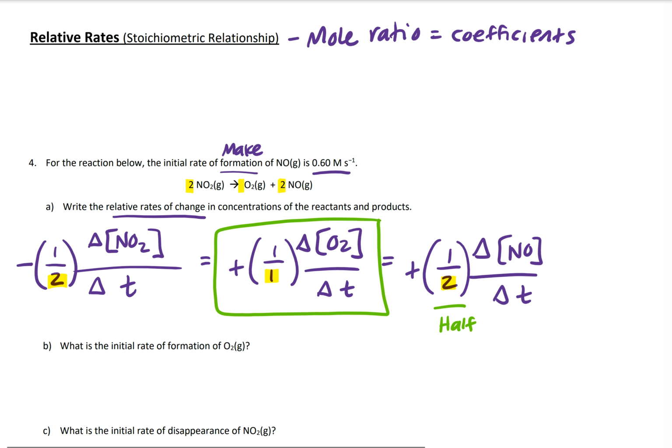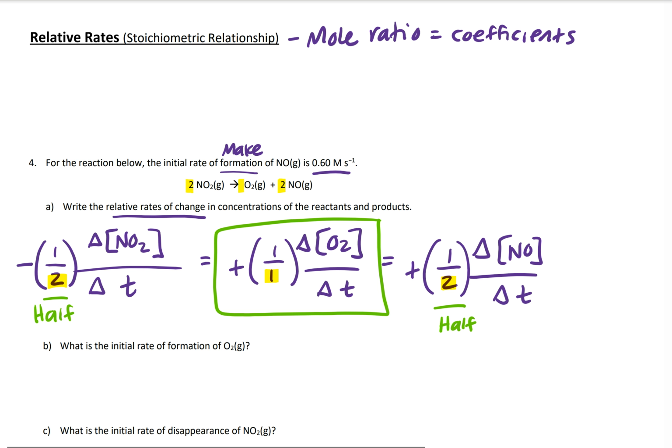And then I can say, okay, well, O2 is being made at a rate that is also half the rate at which NO2 is being used. And that, again, goes from the coefficient. The coefficient of oxygen is only 1, but the coefficient of NO2 is 2.